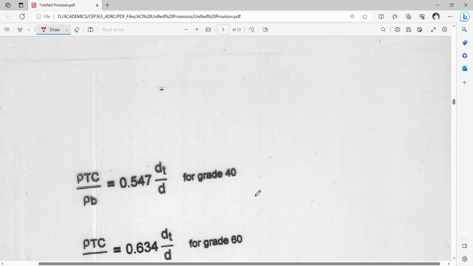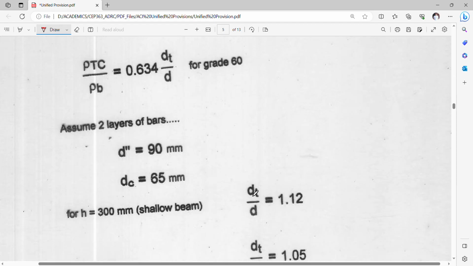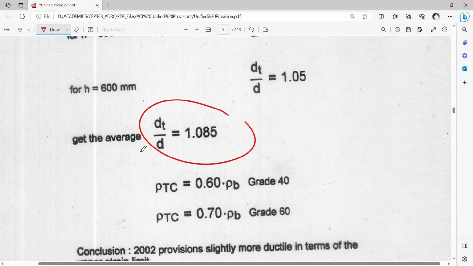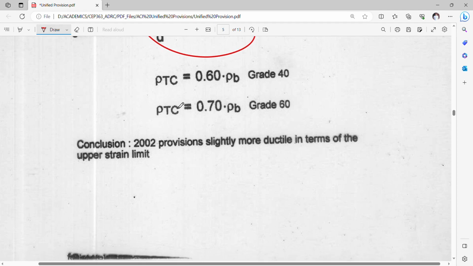And some manipulations on the value of dt over d. Okay, so by assuming layering of bars, let's say 2 layers, etc., we can come up with an average ratio of dt and d of 1.08. Okay, and if we get the average and substitute it here, we can relate rho tc and rho b in terms of this.